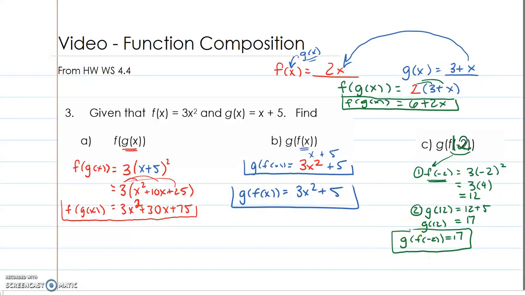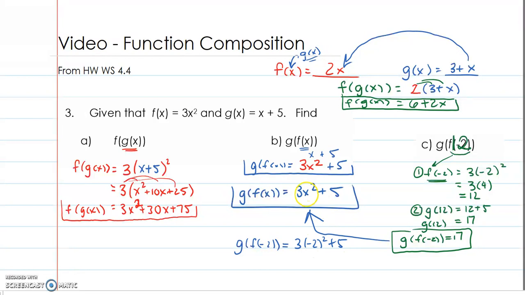But the other way we could have fully worked that is saying, well, if I know what g of f of x is, but x was negative 2 when we originally tried to do it. So I could say g of f of negative 2 is actually 3 times negative 2 squared plus 5.